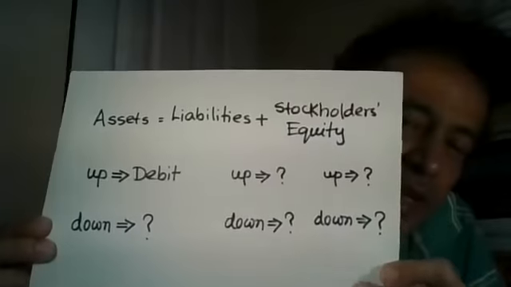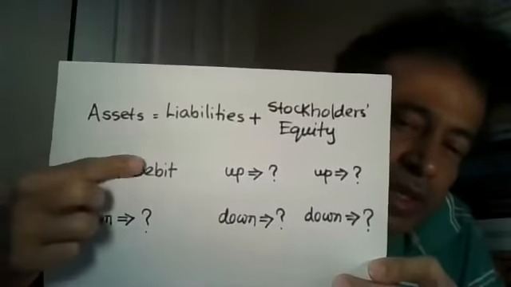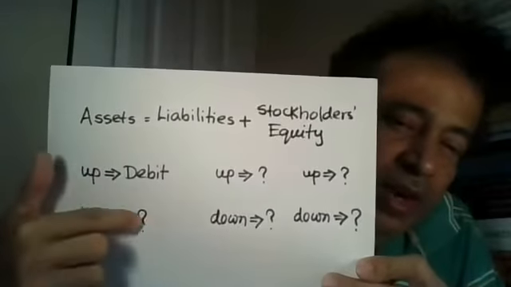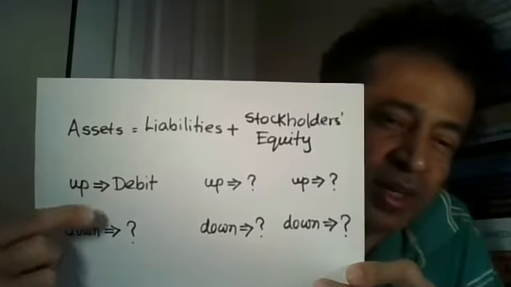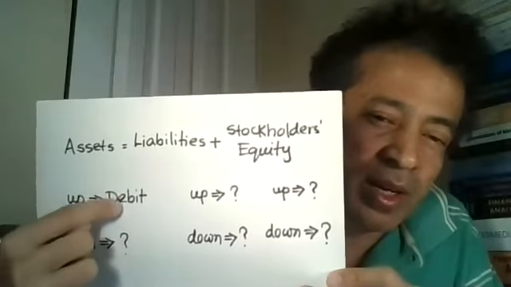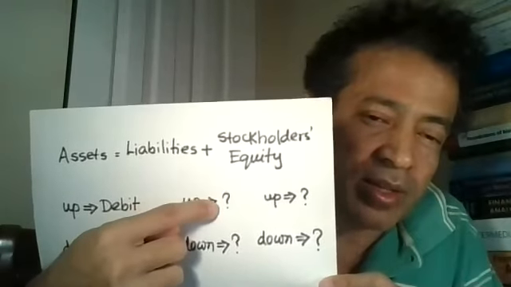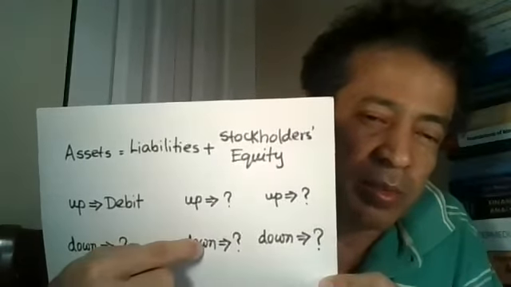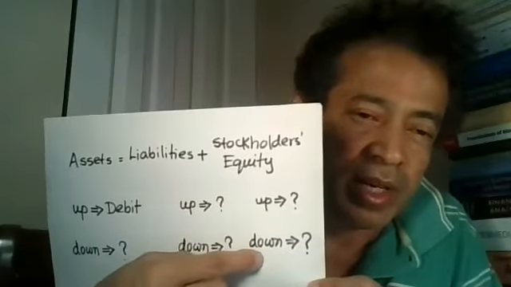So we said assets up is debit, therefore down should be credit. And for liabilities, if up was debit here, up would be credit here, so down should be debit. So this is how we apply the rules of debits and credits to decide our journals.